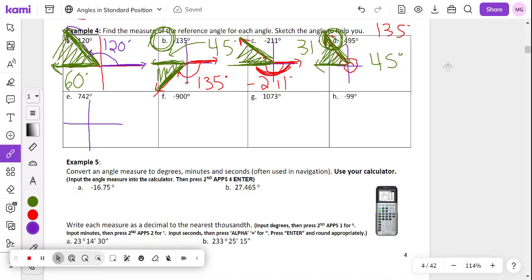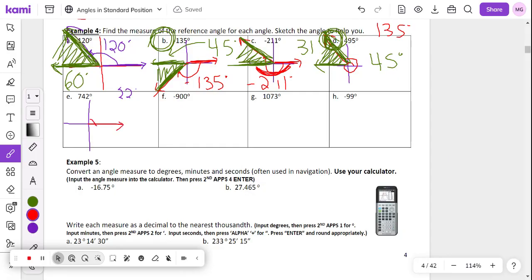742. I'm going to think, okay, I'm not going to take away 360, I'm going to take away 720 degrees, which leaves me with a coterminal angle of 22 degrees. I'm going to keep that in mind when I draw this. It is a positive angle, so it's going counterclockwise. So here's my initial side.